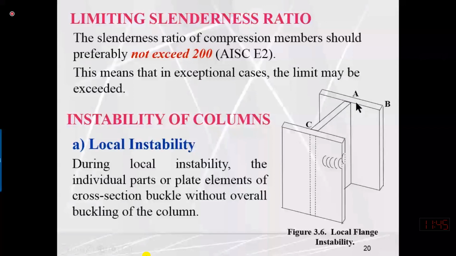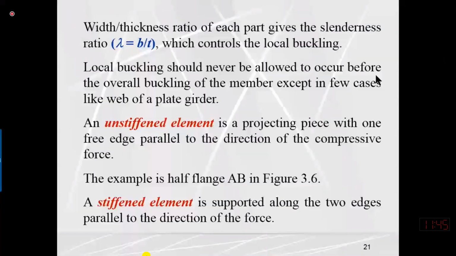Width divided by thickness of the element is the lambda value, the slenderness ratio of the stiffened or unstiffened element. Lambda, b over t, should be less than or equal to a particular governing value specified by AISC.